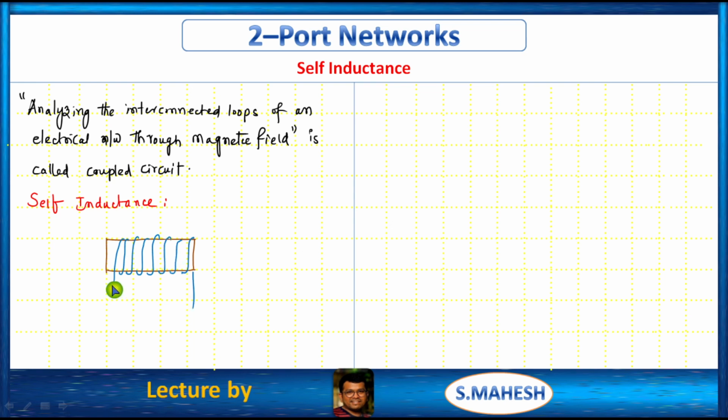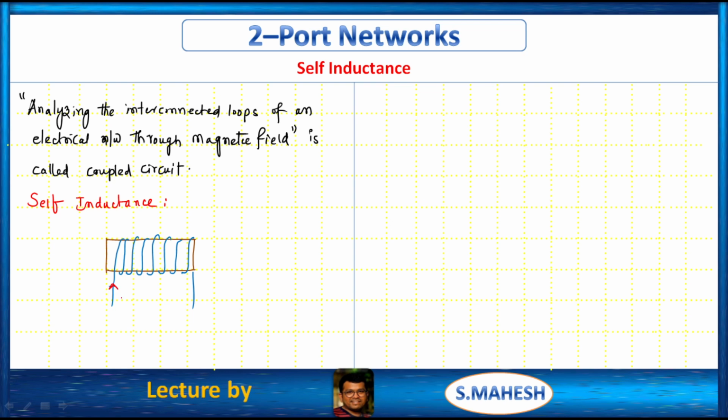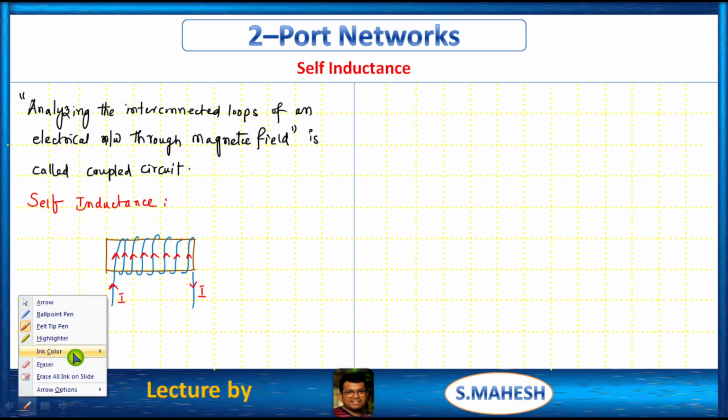Yeah, this is the winding, and the current through this winding is, for example, I, right? So entering is I, leaving is I. Therefore, when the current flows through the conductor, obviously what will we have?